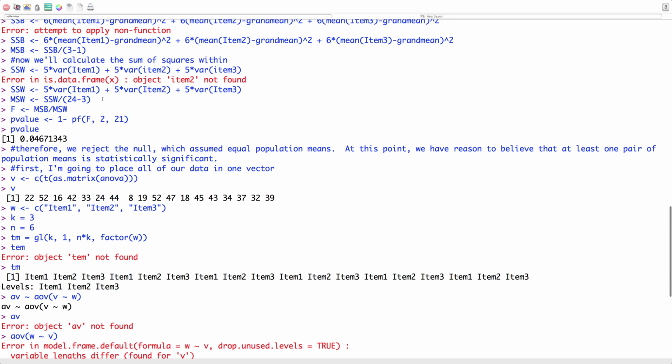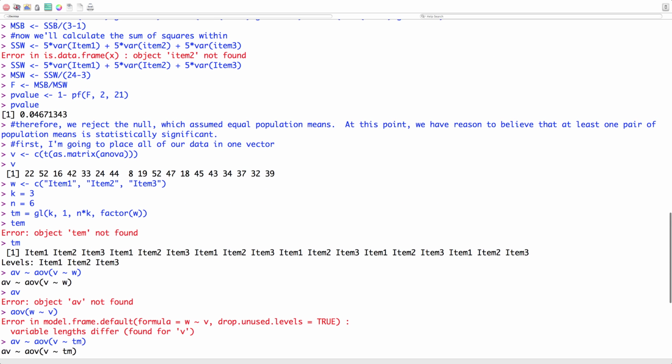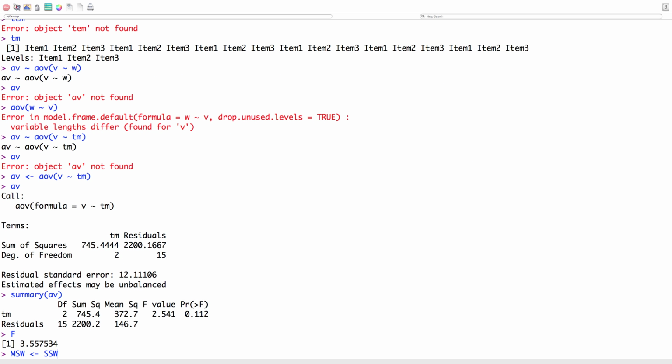So I'm going to reset. Let's do the mean square. It'll keep everything. So if I go mean square to be the sum of squares, hold on, that's the between factor, right? Between or within, okay. So sum of squares within divided by our total sample size, which is 18 minus 3. I wonder if any of you caught that.